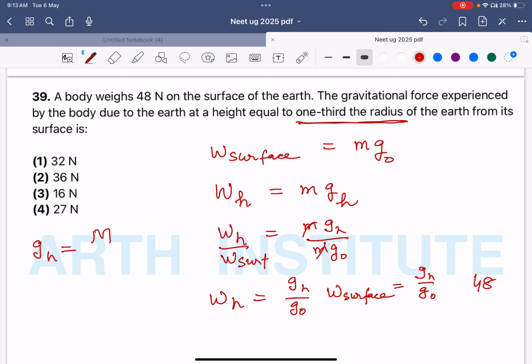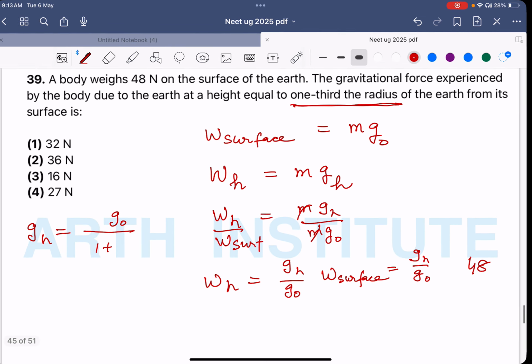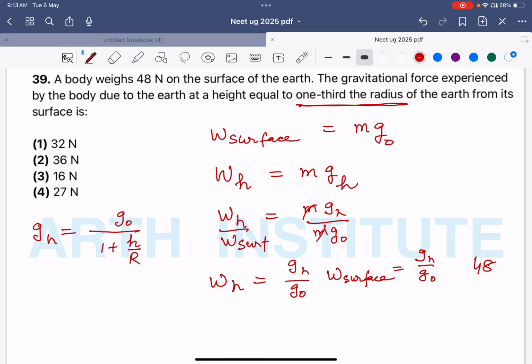This is equal to g naught, the acceleration due to gravity on the surface, divided by 1 plus h upon r, whole square. There is no m because we are finding gh. So here h is r by 3, so this is g naught divided by 1 plus 1 by 3 square, and this comes out to be g naught divided by 4 by 3 square.